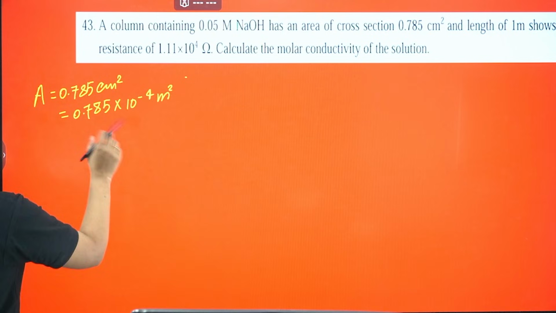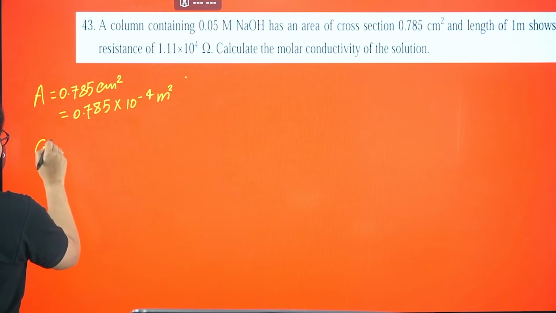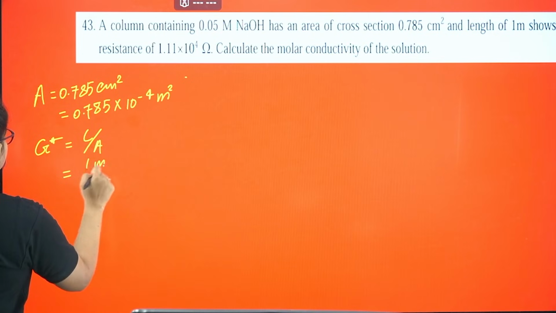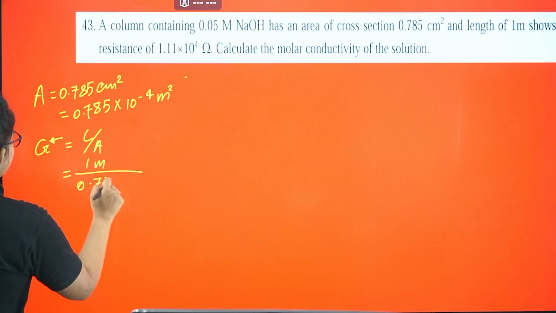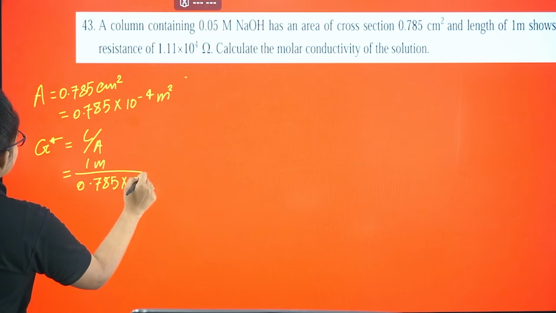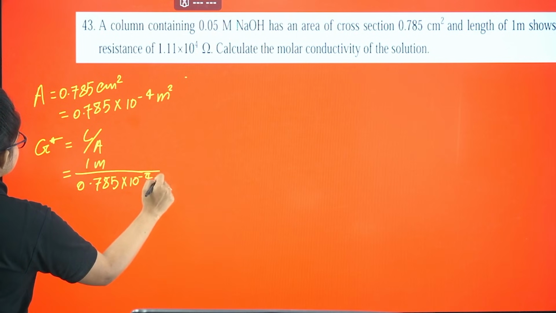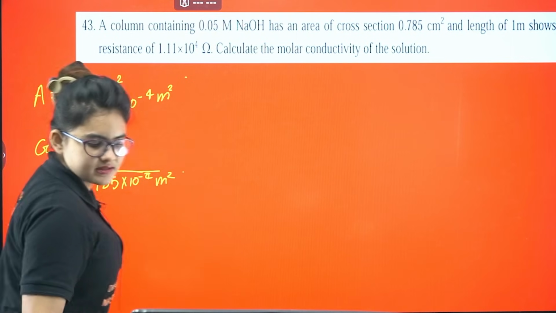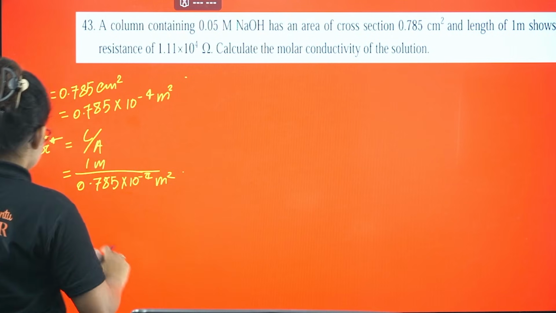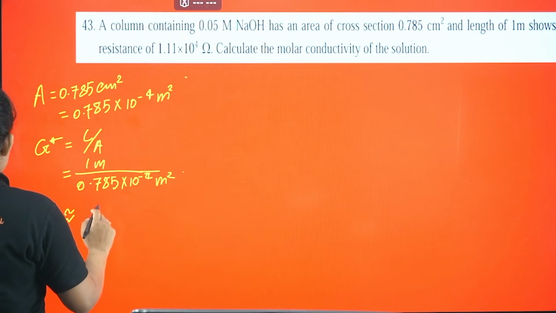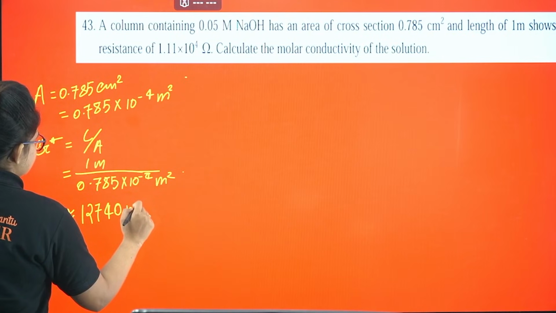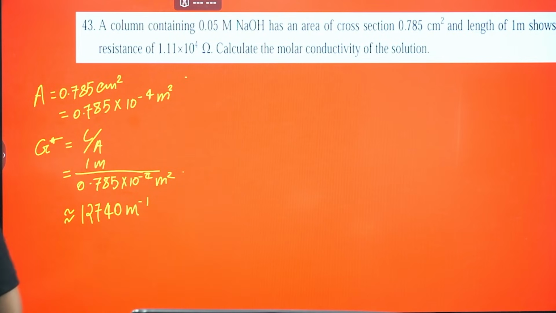Right, now let's calculate G star, the cell constant. It is L by A, so 1 meter by 0.785 into 10 power minus 4 meter square. If you calculate this, it will come up to be something like 12740 meter inverse. Once you have the G star, you can calculate the kappa from here.